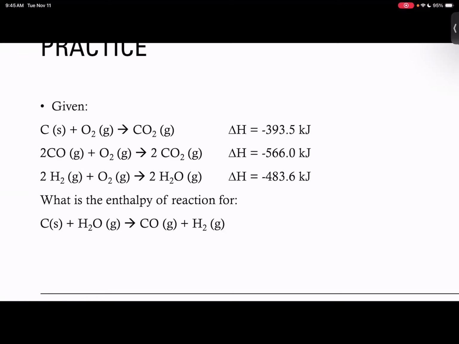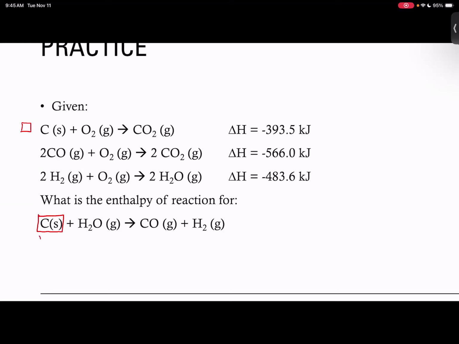Okay. The easiest way to do this is to use your target reaction. I start with carbon solid. So I'm going to find a reaction that contains carbon solid. And that is going to be the first reaction.